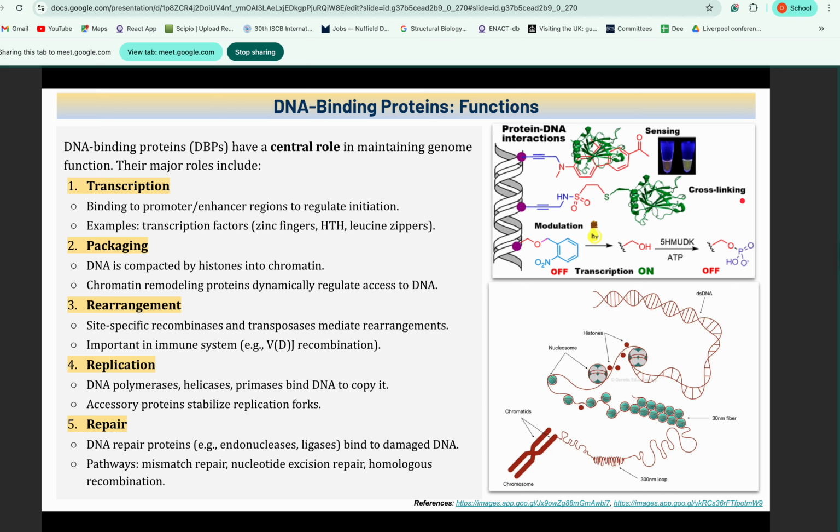Similarly, in cross-linking also, proteins are involved, so DNA-protein cross-linking is also observed. Similarly, in modulation also proteins are involved. They modulate whether to start the transcription or turn off the transcription in the presence of different signals. Those signals could be some chemical compounds or light or anything.